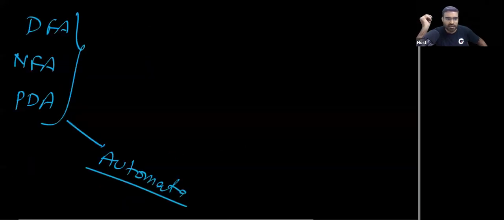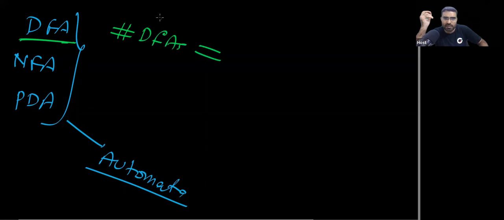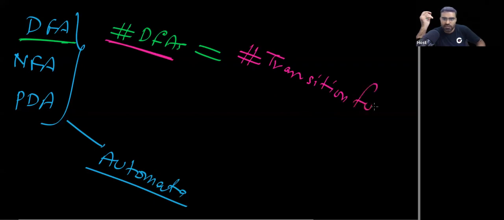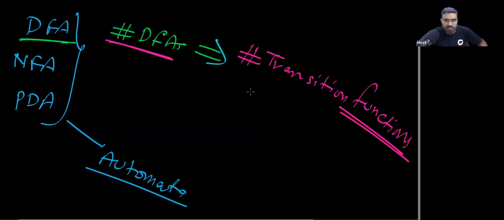So if I ask you the number of DFAs, basically I'm asking how many transition functions there are. Is this point clear? When I say how many DFAs, it simply means how many transition functions. We are mainly interested in the transition functions and some other things like final states, multiplied by the set of final states.